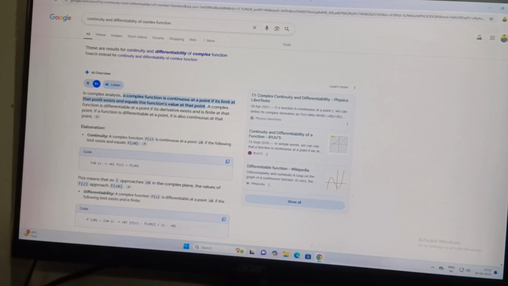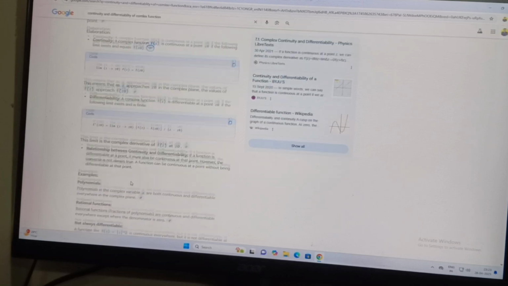As you can see, in complex analysis, a complex function is continuous at a point if its limit at that point exists and equals the function value at the point. We can also write continuity as where the points do not break. A complex function f z is continuous at point z naught if the following limit exists: limit z tends to z naught, f z is equal to f of z naught.